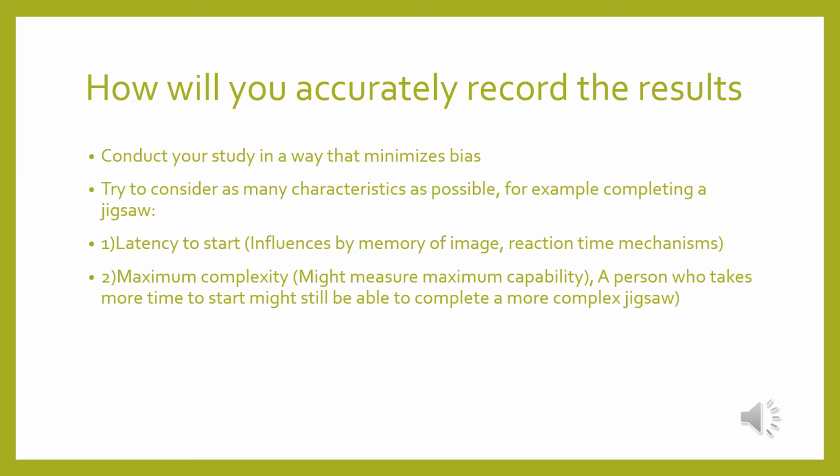It is possible that people that take a lot of time to start piecing together the jigsaw might actually be able to complete a higher complexity jigsaw puzzle. So maybe they can do a 1,000-piece jigsaw, even though a person that starts completing the jigsaw quickly might only be able to do a 200-piece jigsaw.